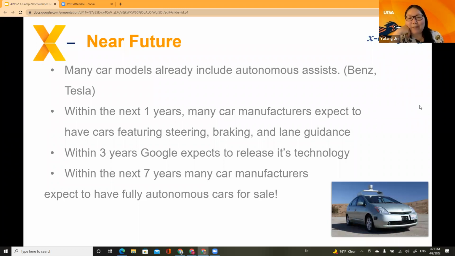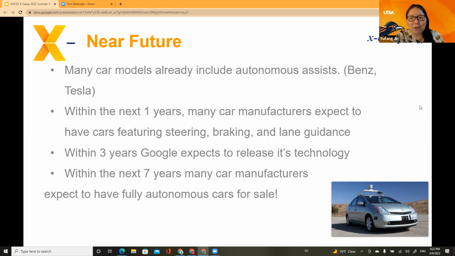Though personally, I still have doubts about this, because there are also legal issues over whether autonomous driving will be allowed on the road or not. Think about it: if you have a car crash using autonomous driving, will it be your responsibility or the car maker's responsibility, because you're using their autonomous driving technology?